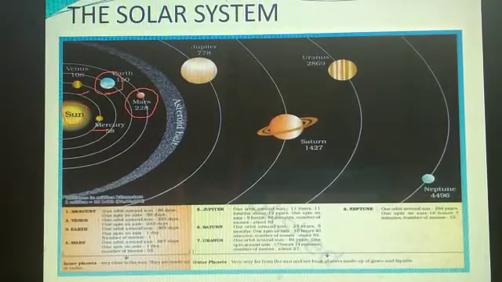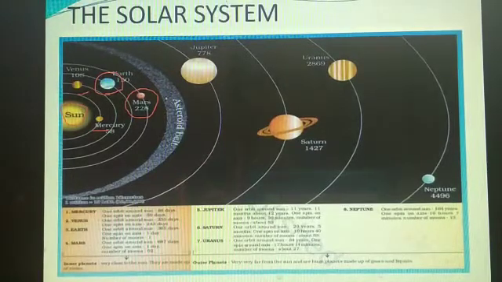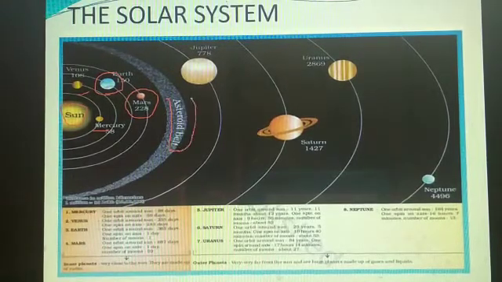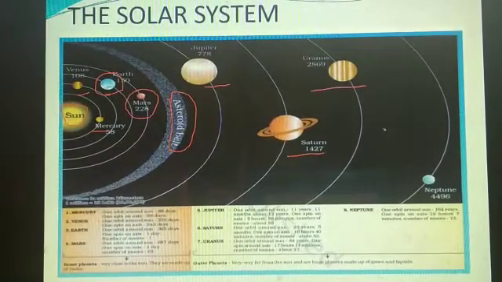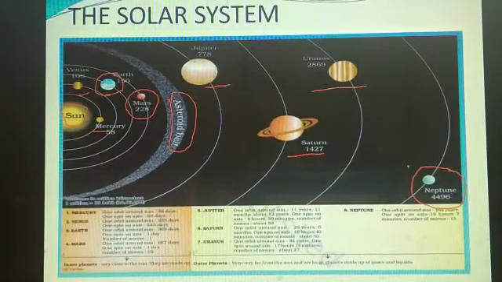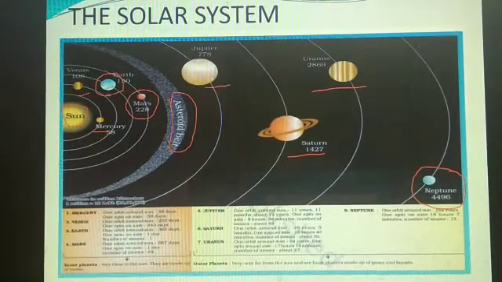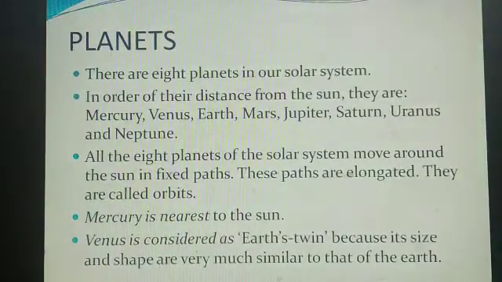Then between Mars and Jupiter we have this asteroid belt. Okay, this is the asteroid belt. Then we have Jupiter, Saturn, Uranus, and the last, that is Neptune. Okay, so this is the what? A diagram of the what? Solar system.